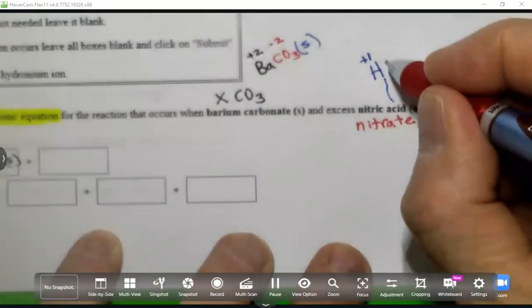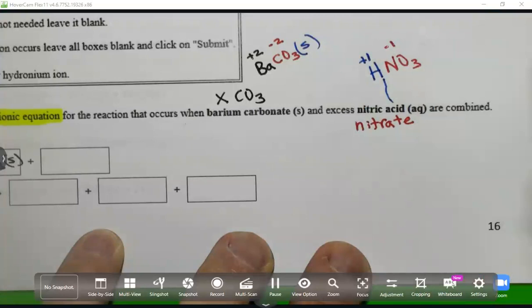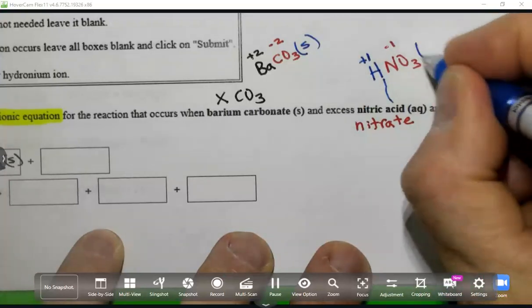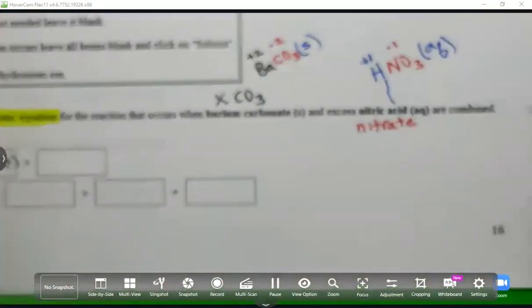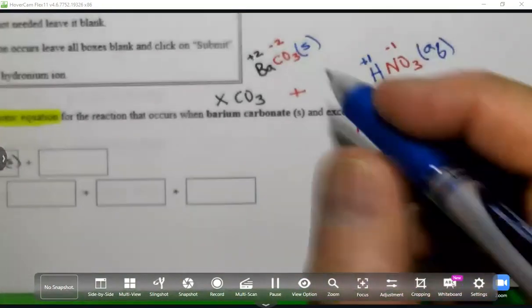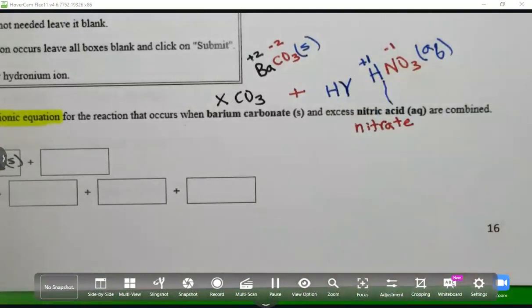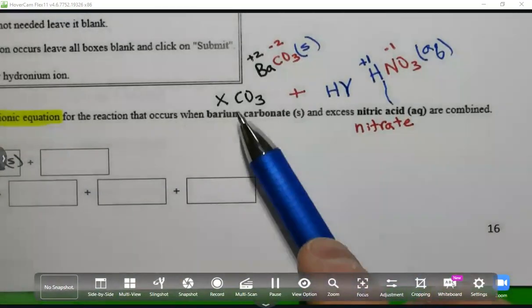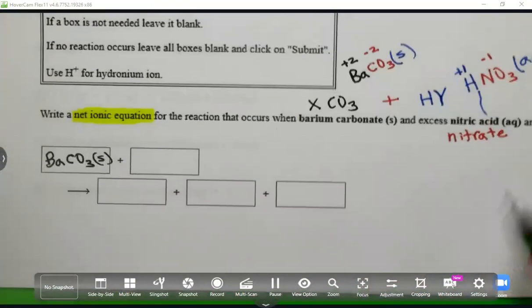And nitrate is NO3 -1. And that is aqueous. I'm not sure why I'm switching colors, but. And this is my generic, this is an HY, right? Sorry. So we have an XCO3 plus an HY. So let's fill this in.